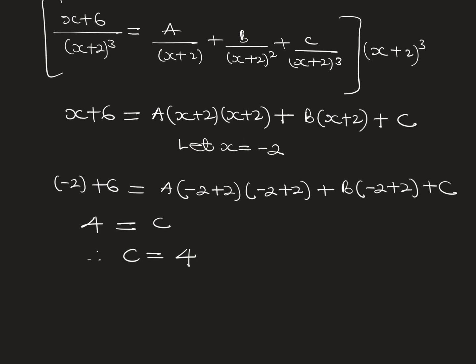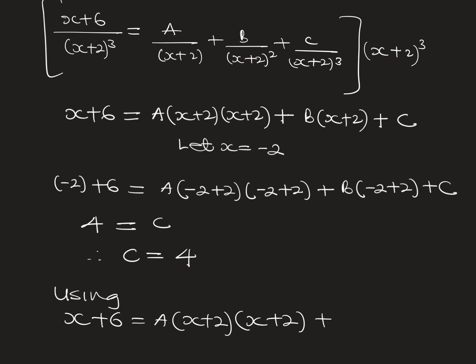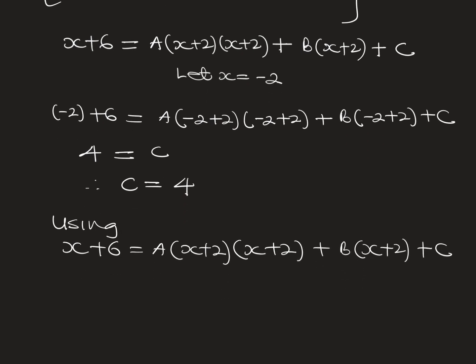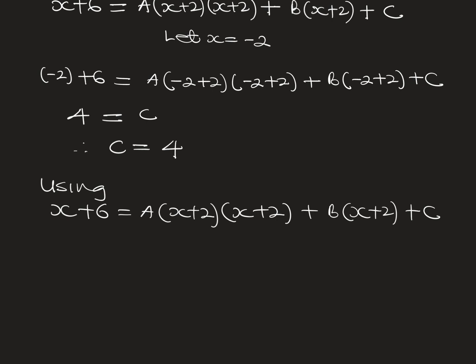So is there any way we can find a and b? Let's try that out. Now, using x plus 6 is equal to a into x plus 2 into x plus 2, plus b into x plus 2, plus c. Here, if we make x 0, we will still come to the same thing. So what we can do is to go ahead and expand this, okay?